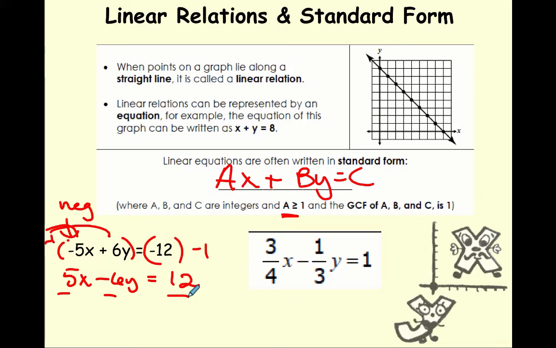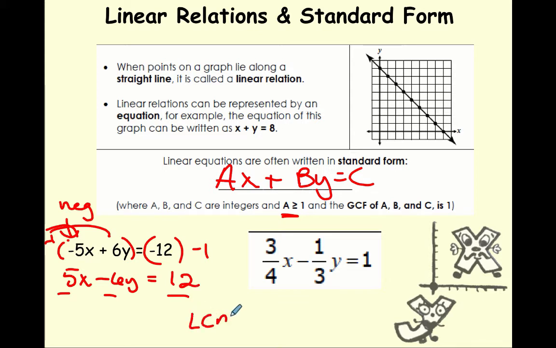Okay, now in the second one, the problem was we don't have integers for our coefficients and constant, so we need to do something to make each of those terms into integers. We talked before about multiplying by a least common multiple.